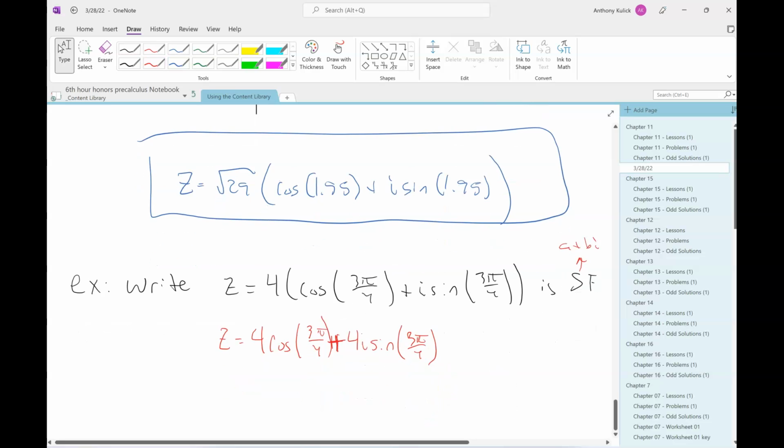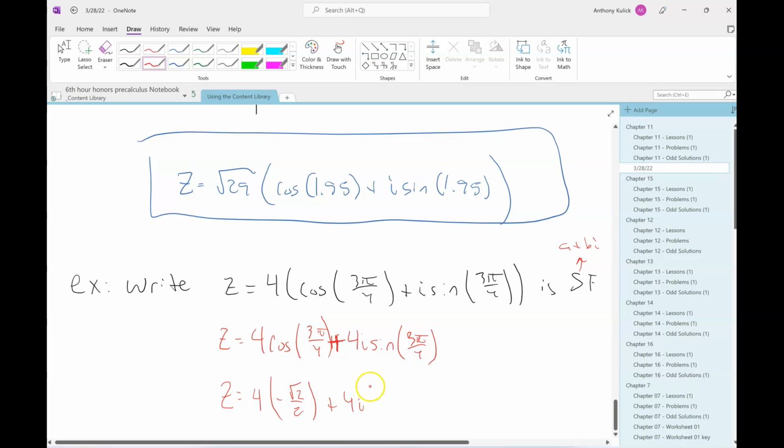And then I'm going to do cosine of 3 pi over 4, sine 3 pi over 4. Now, I could do that on my calculator, but I also observed that those are unit circle values, right? I could just read those off the unit circle. Anybody remember off the top of their head what cosine of 3 pi over 4 is? Too slow. Negative root 2 over 2.